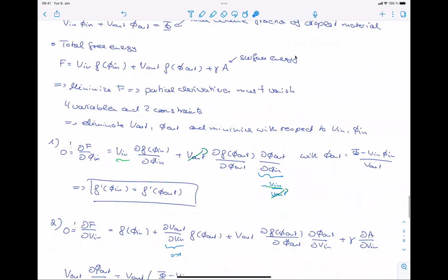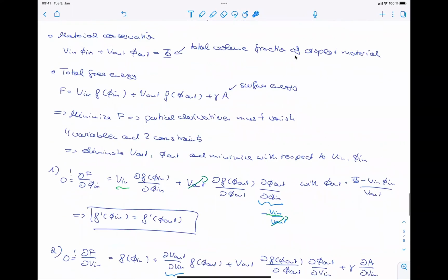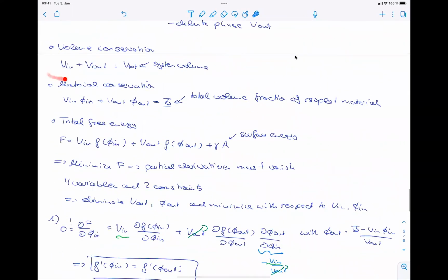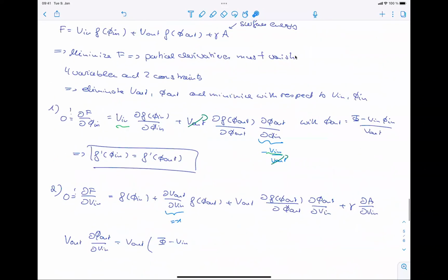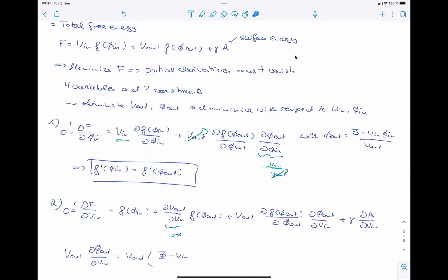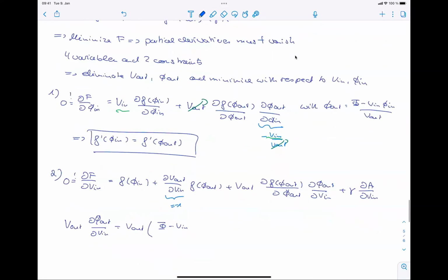So when taking the derivative here, there's a linear dependence directly on the inner volume, but then also the outer volume depends via the total volume also on V_in. So that's why I have to make use of the chain rule. There we go.